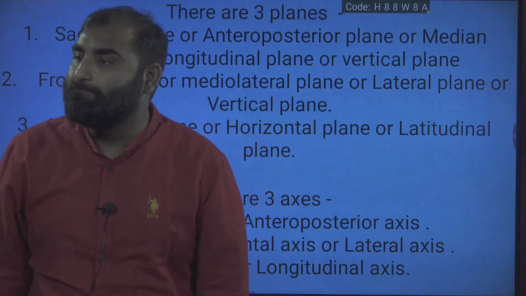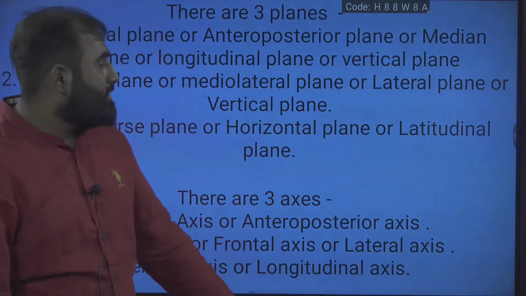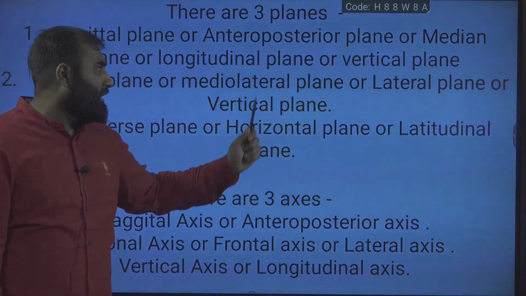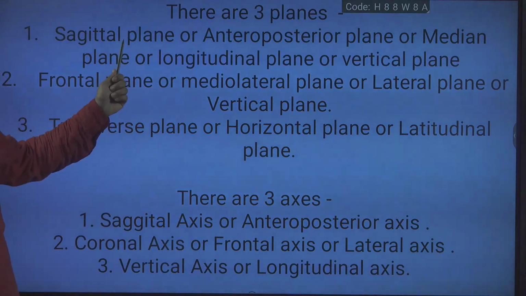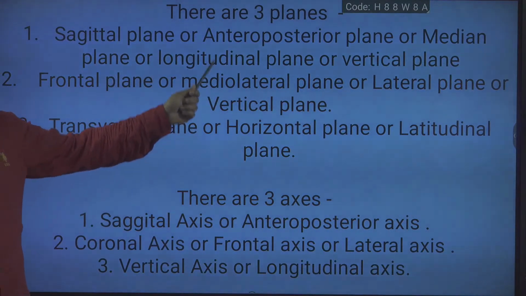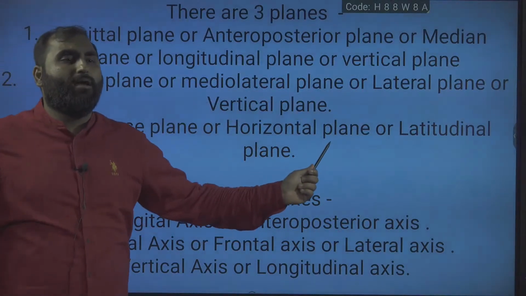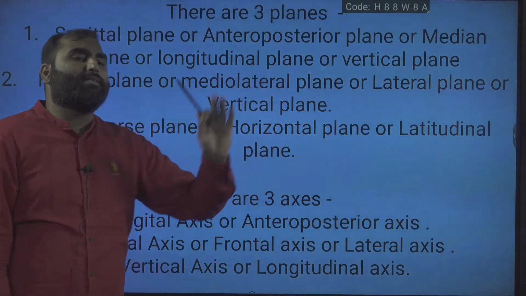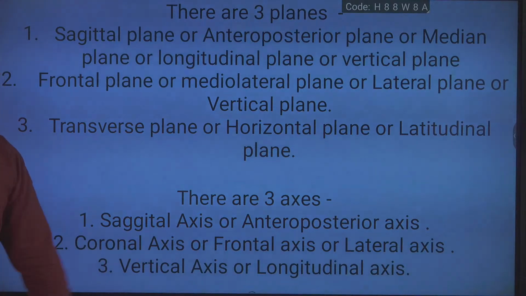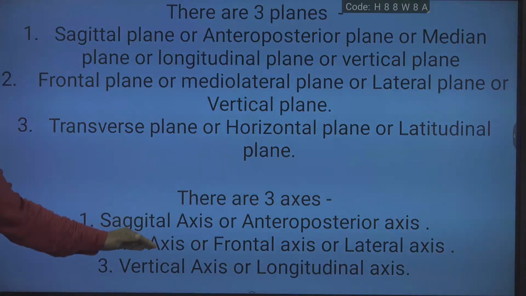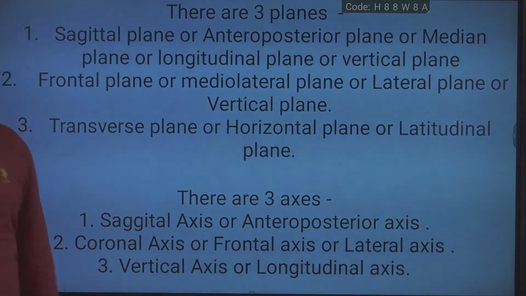Am I clear? Yes. Next, frontal plane is mediolateral plane or lateral plane or vertical plane again here. So basically sagittal plane, frontal plane, vertical plane are commonly used. Transverse plane is horizontal plane, and horizontal plane can also be called latitudinal plane. And then we have the three axes. The three axes are sagittal axis, coronal axis and vertical axis.